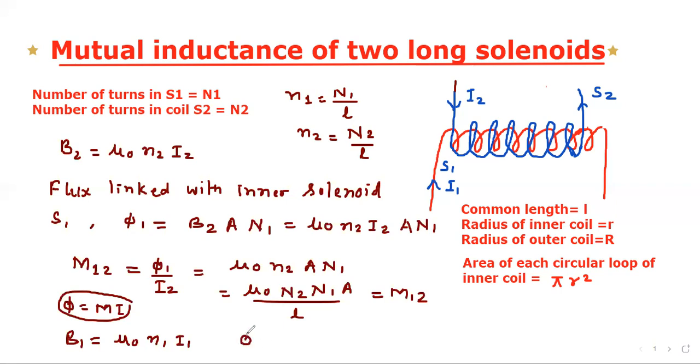So this time we find phi2 equal to magnetic field due to inner solenoid times area of inner solenoid times number of turns in outer solenoid.